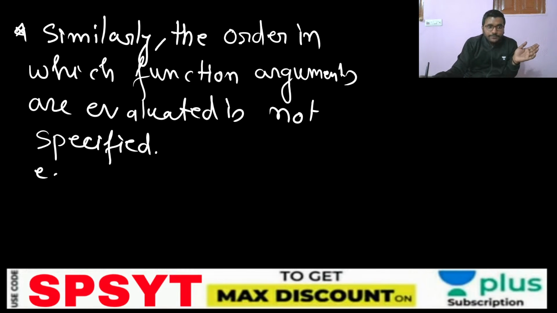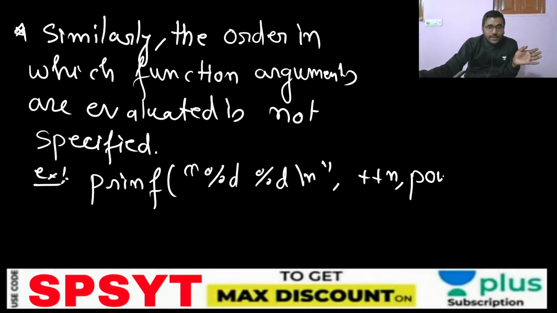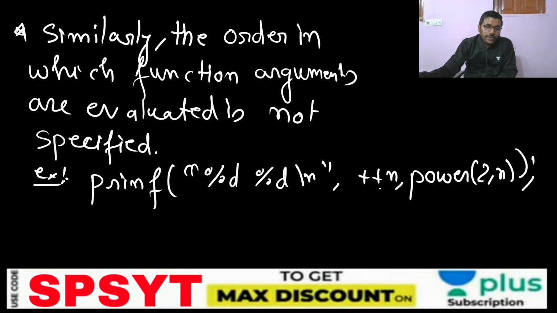For example, if you are writing printf, this is the argument only. Now if we are doing plus plus n and then power of 2 and n, you don't know the output. If n is 2 and the increment happens first, it becomes 3 and then 2 to the power 3 is computed.